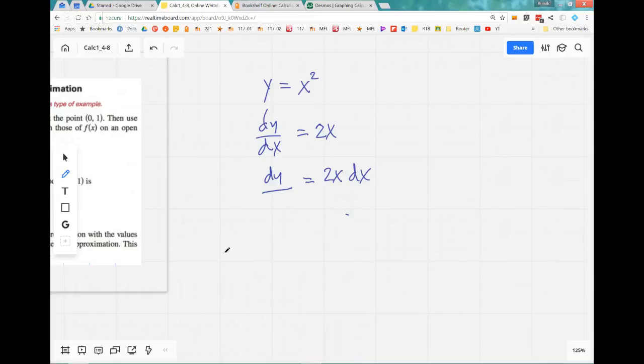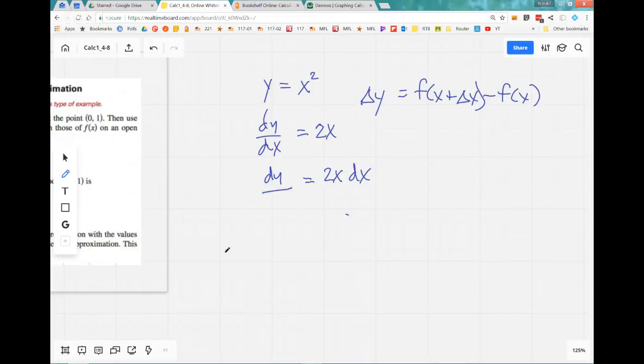Now, delta y goes back to this concept. That's where you say f of x plus delta x minus f of x, like the first part of a difference quotient, and that's equal to delta y.